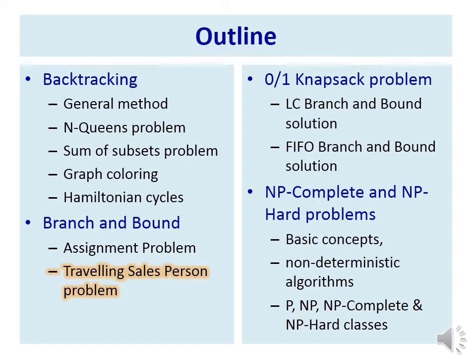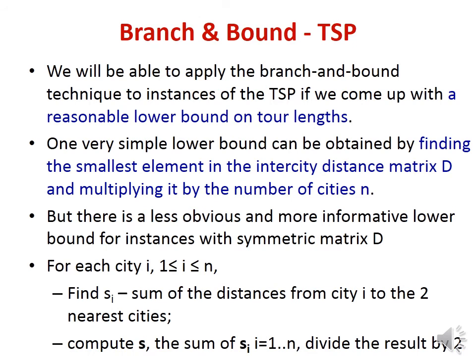So next let us understand the traveling salesman problem using the branch and bound method. Now we need to come up with how to compute the bound for the traveling salesman problem. That is the important factor here. The traveling salesman problem is a minimization problem, so we need to compute the lower bound here.